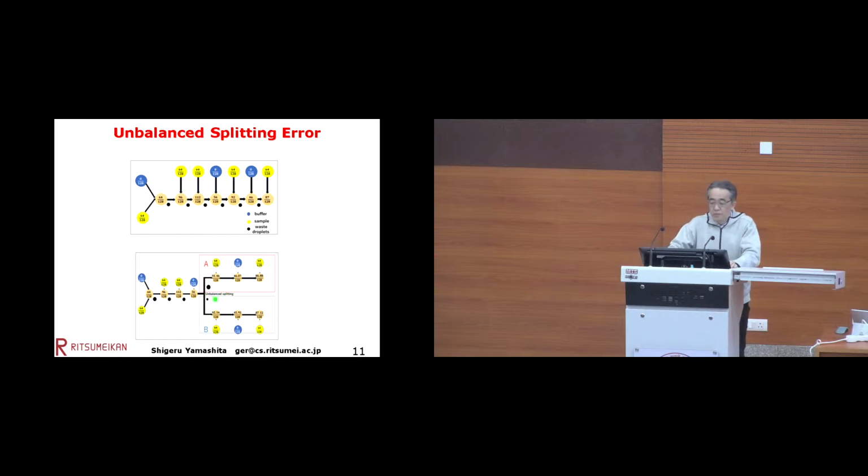But for example, if there is unbalanced splitting here, then we have a larger one and a smaller one. If we use the larger ones, then of course the ratio will be changed to this. And if we use the smaller one, then of course the ratio is changed to this. So this is the error. So our topic is how to deal with these errors. Okay, so far.